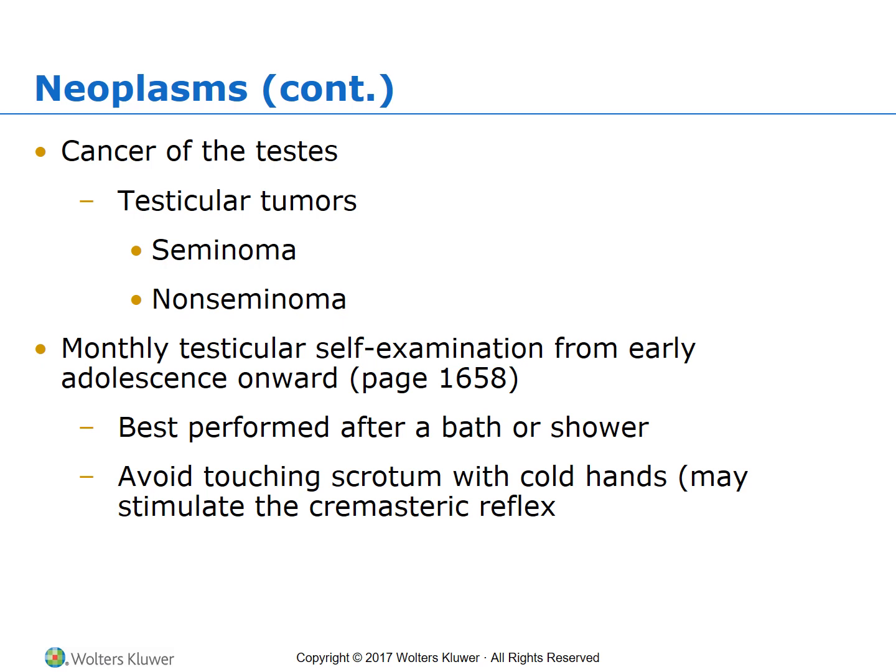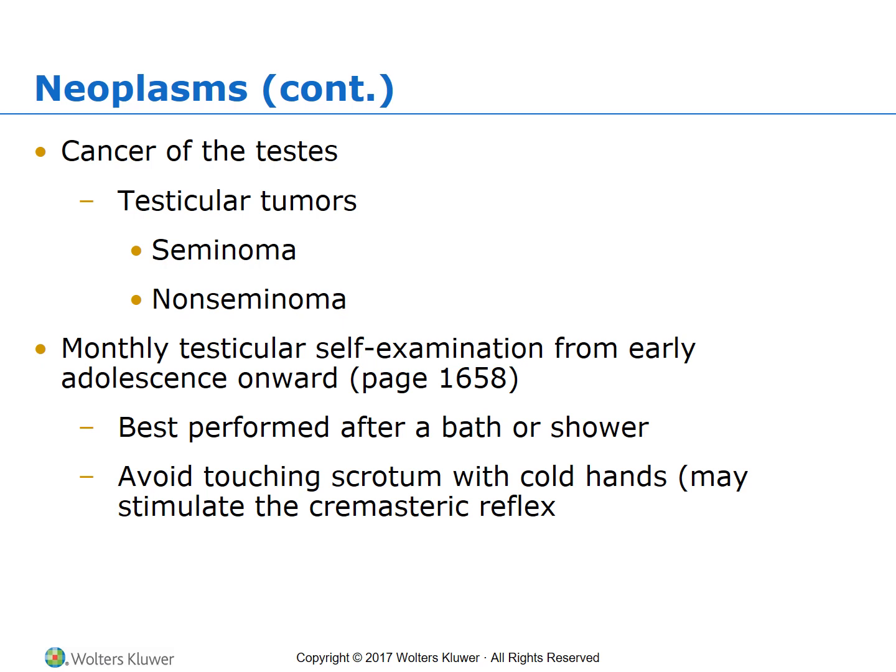Monthly testicular self-exams from early adolescence onward are recommended, and usually if it's found early, surgery may be the only treatment necessary. If treatment begins after the onset of significant problems, chemoradiation may cause sterility.